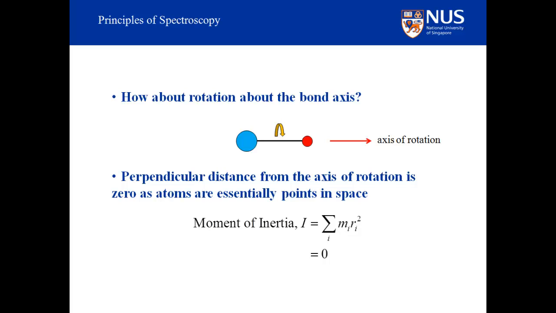This means that the j equals 1 rotational state that would be at 2B would be at a very large energy. It would thus take a very large energy to excite a transition between any rotational states. For the idealized diatomic of point atoms, the energy required would be infinite. For this reason, we do not consider transitions between energy levels around the internuclear axis.